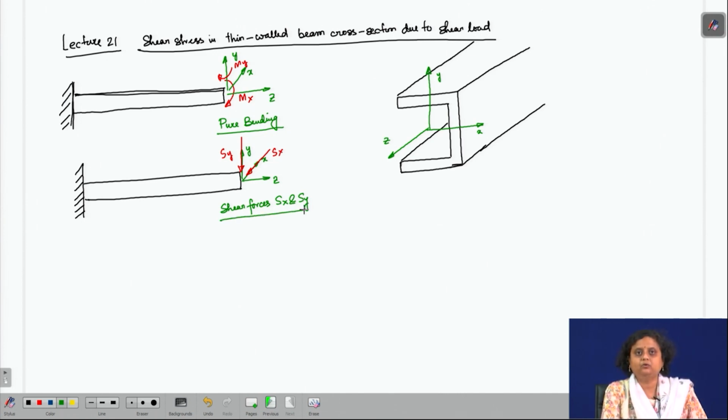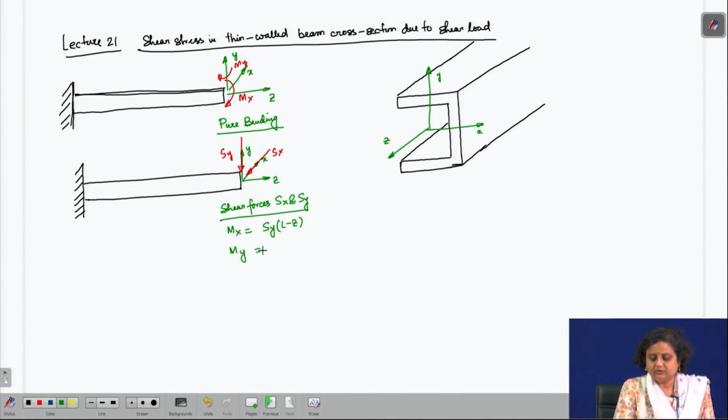So, Mx in this case is going to be Sy into L minus z, whereas My is going to be Sx into L minus z. So, this is case 1 and this is case 2.